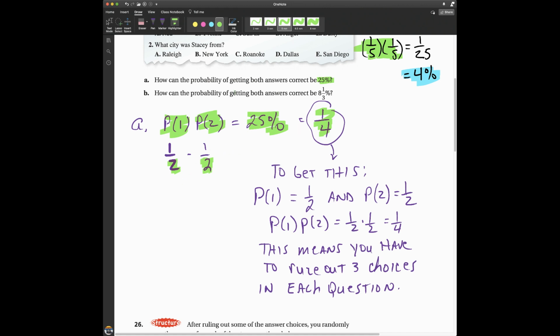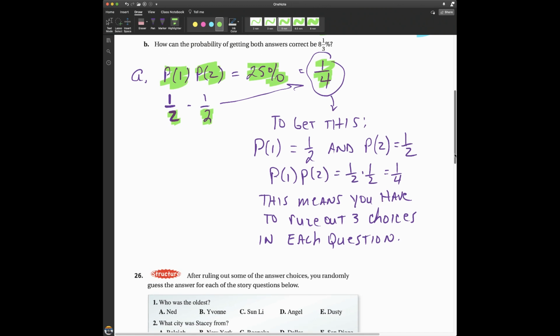That's the only way I can get there, is to have 1/2 times 1/2, which means that you'd have to rule out 3 choices in each question, which would leave you 2 possible outcomes for each question, or 2 choices. All right, so that's how you answer that one.